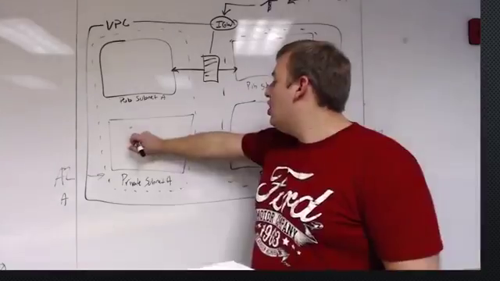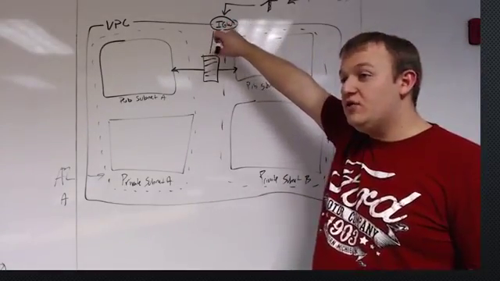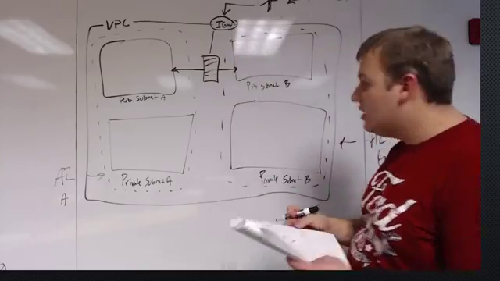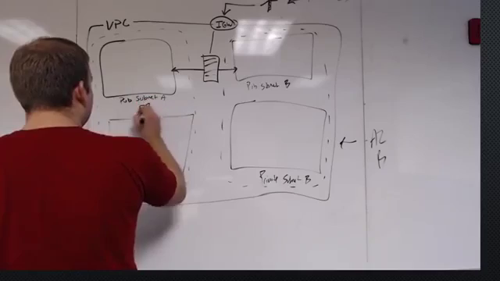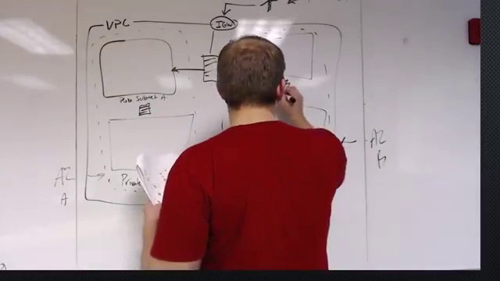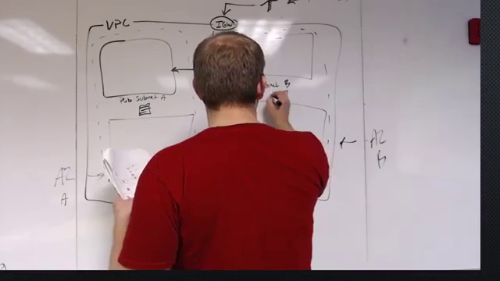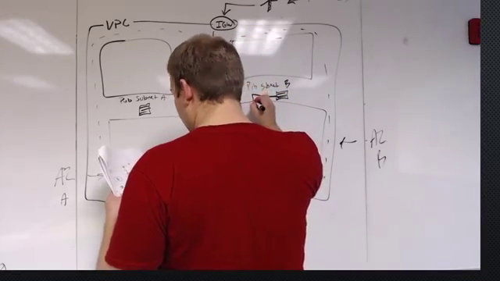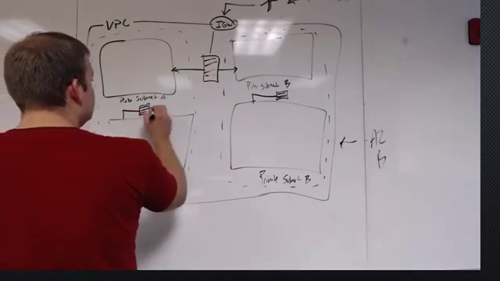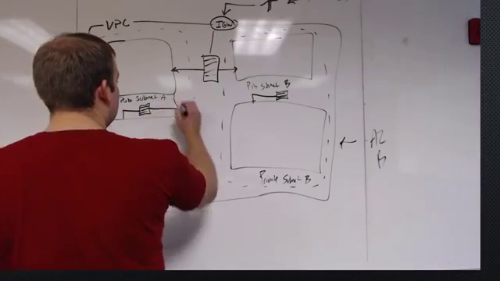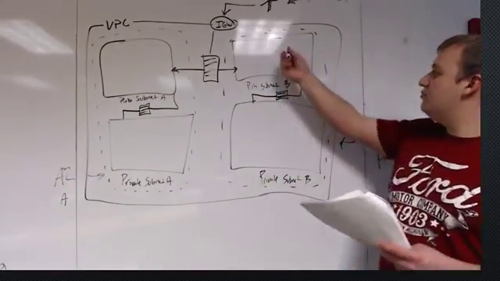These currently are not public because there is no route out of the VPC through the internet gateway. Now we will have private route tables that we can use to get traffic to different subnets.